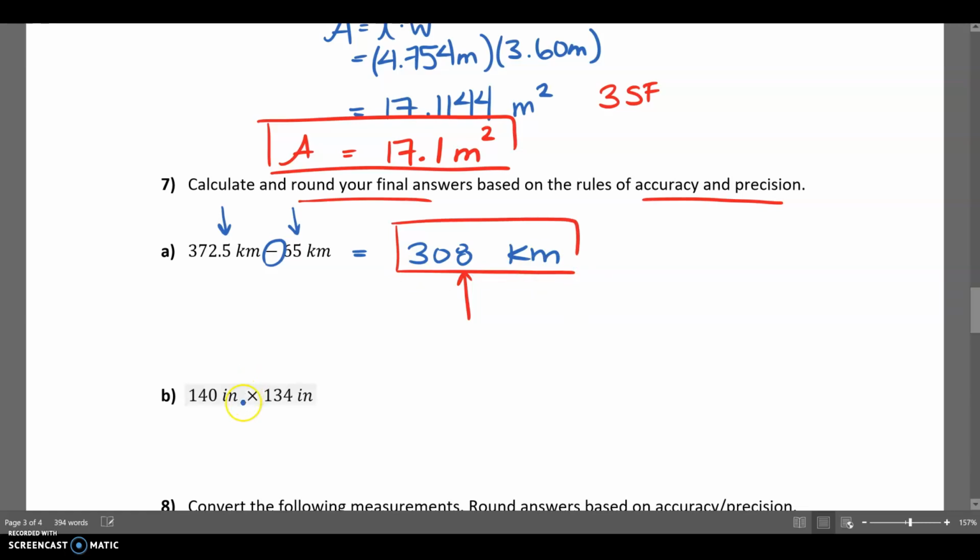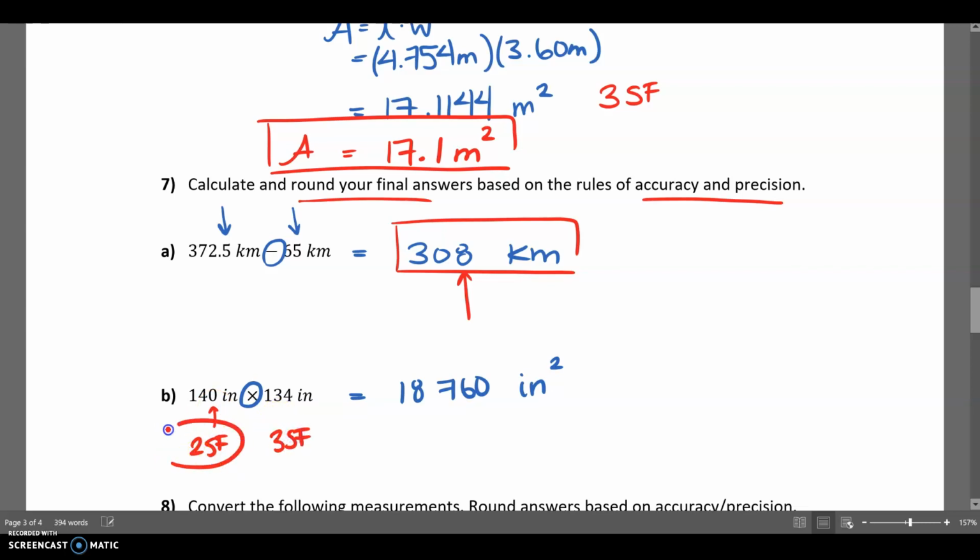The next question is multiplication, so we'll be rounding our final answers based on accuracy. We have 140 inches times 134 inches. On your calculator, after you do the multiplication, you get 18,760. Inches times inches would be inches squared. We're going to look at the accuracy or number of significant figures in our measurements. 140 inches has a trailing 0, so it is 2 significant figures. 134 inches is 3 significant figures.